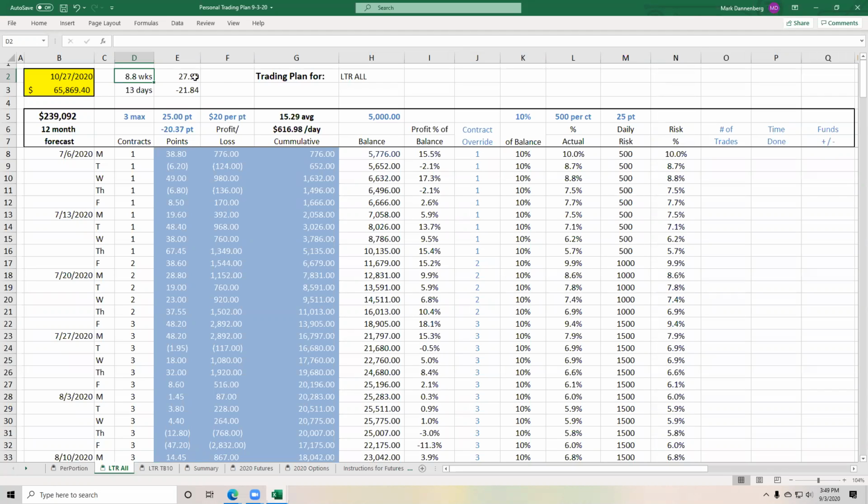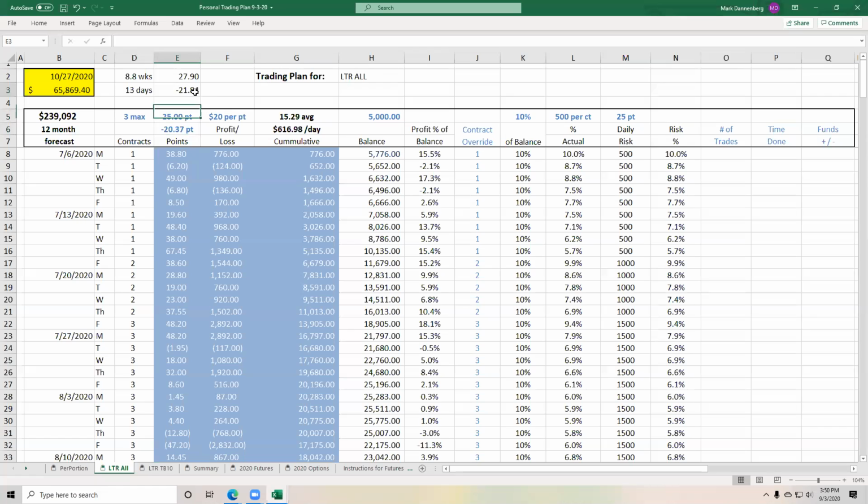So that means that my winning days averaging 27.9 is a good number, except that I have slightly fewer winning days than my original forecast. So I'm going to lower my winning days average to 25 points. That means that for the remaining 43 weeks, right now, the forecast is based on winning at the rate of 25 points on my winning days.